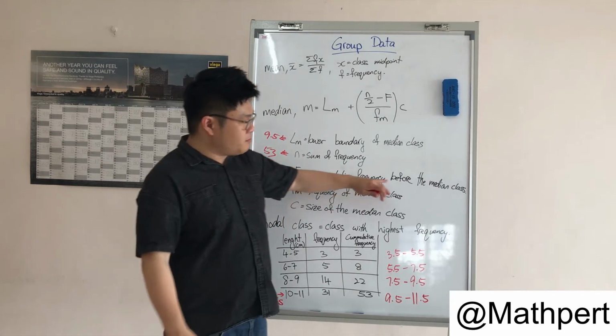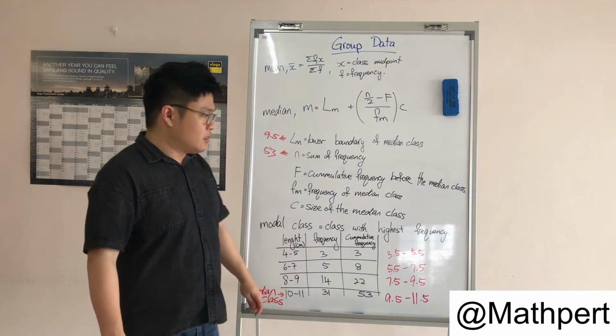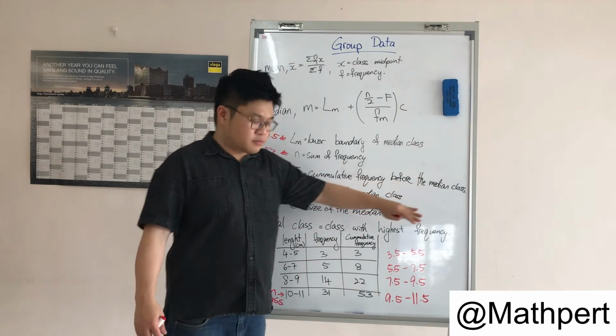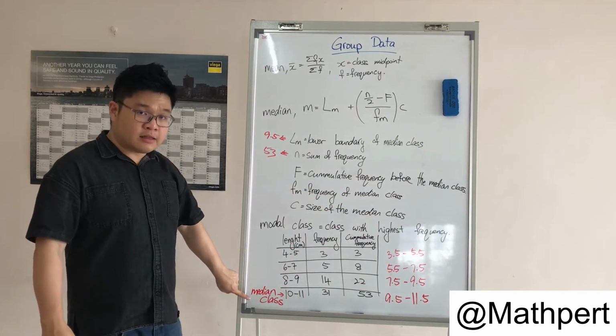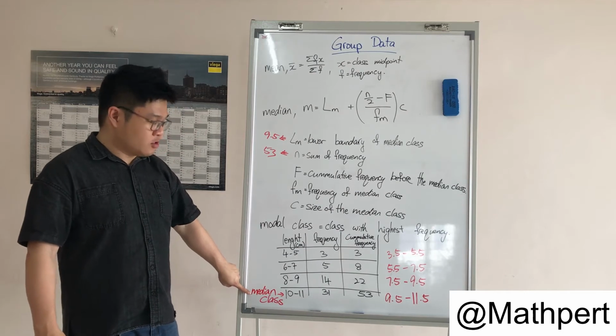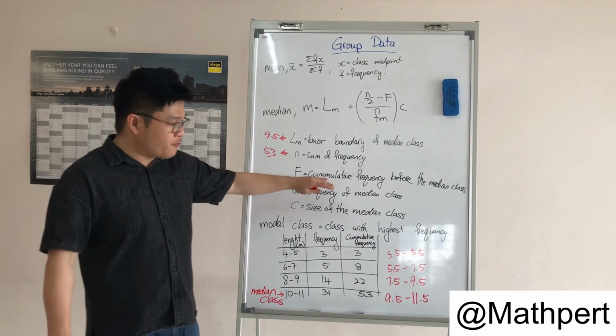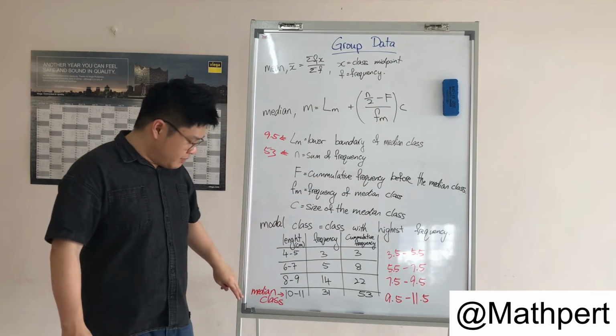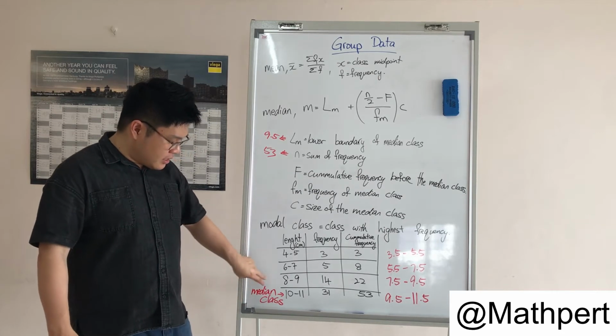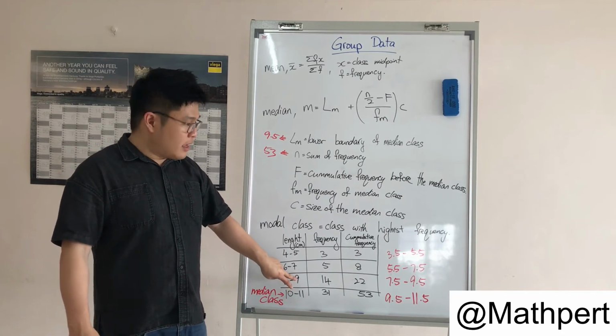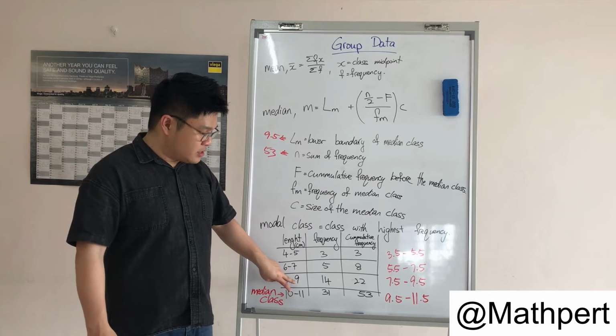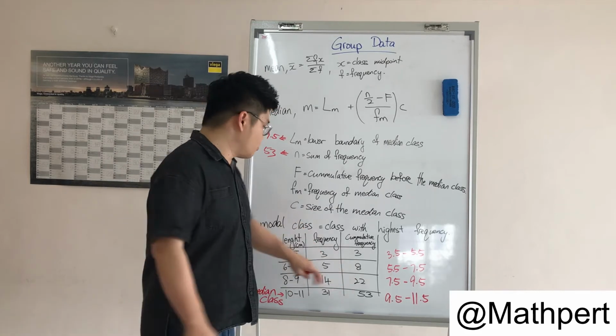Cumulative frequency before the median class. So median class is 10 to 11. So this is the median class. Cumulative frequency before the median class, meaning before the class is 8 to 9. They are asking for cumulative frequency, which is 22.